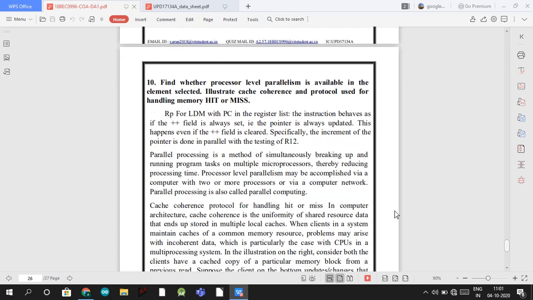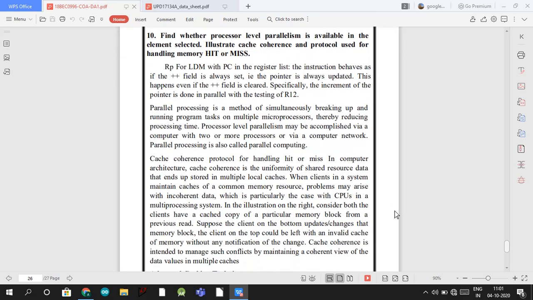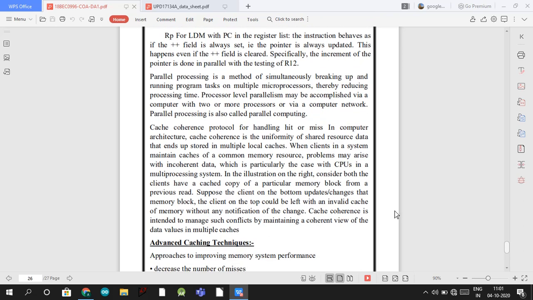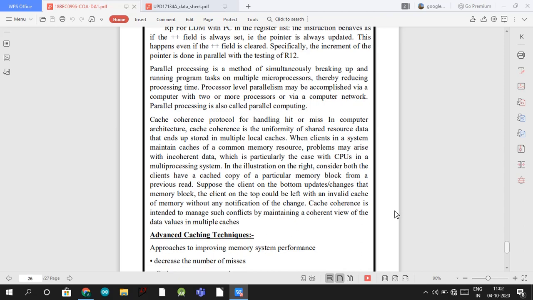For the cache coherence protocol for handling hit or miss in computer architecture, cache coherence is the uniformity of shared resource data that ends up stored in multiple local caches. Cache coherence is intended to manage such conflicts by maintaining a coherent view of the data values in multiple caches.